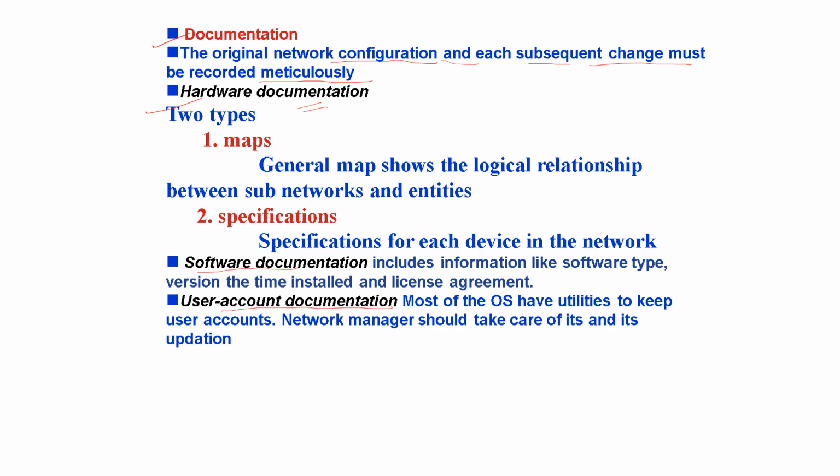Hardware documentation may be of two types. One is map, another is specification. That is the general map which shows the logical relationship between subnetworks and their entities. This must be documented. Wherever you watch a network, one of the main duties of the network administrator is to project or display the map of their network configuration.